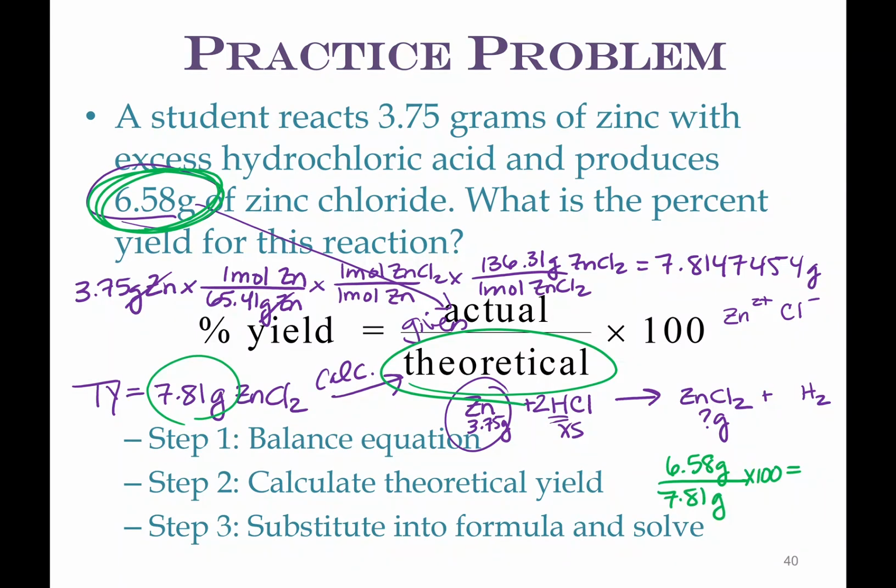And when I do that, I get 84.20, no, 25, sorry, 250.96031, or 84.2% yield.